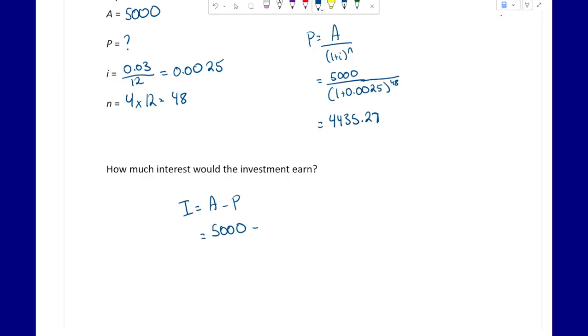So if I want to have $5,000 at the end of all of this, and I start with $4,435.27, I subtract those two values to figure out how much interest I would have to earn. In this case, $564.73 is how much interest we would earn on this investment so that we would have the $5,000 at the end of 4 years.